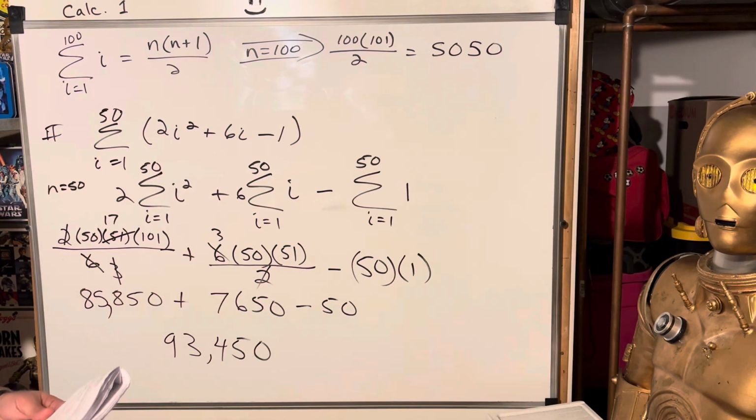All right. What are we doing here? The sum of (i plus 1) over n squared is equal to (n plus 3) over 2n. Yeah, and we could work that out.